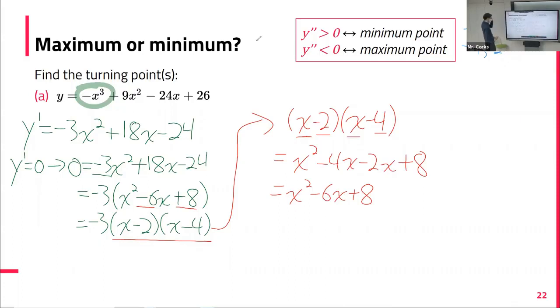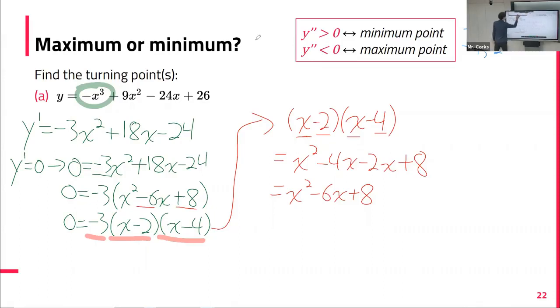All right, so from here, all of this equals 0. Let me just write that out here on the side again. 0 equals -3 times (x minus 2) times (x minus 4). So we have 3 things here being multiplied together, and the result is 0. So at least one of those things must be 0. The negative 3 is obviously not 0.